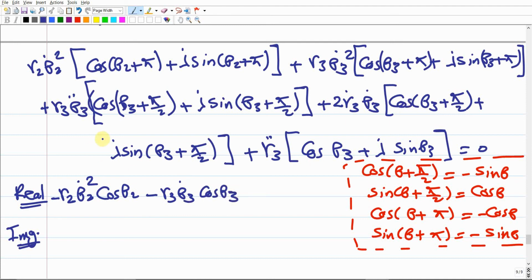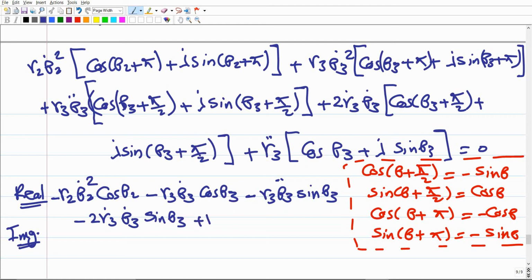Then we're going to skip the imaginary term. Then we have the negative of r3 theta 3 double dot sine theta 3. This cosine gives us sine. We're going to skip the sine part. Then we're going to have the negative 2 r3 dot theta 3 dot the sine of theta 3. Then we're going to skip this term.